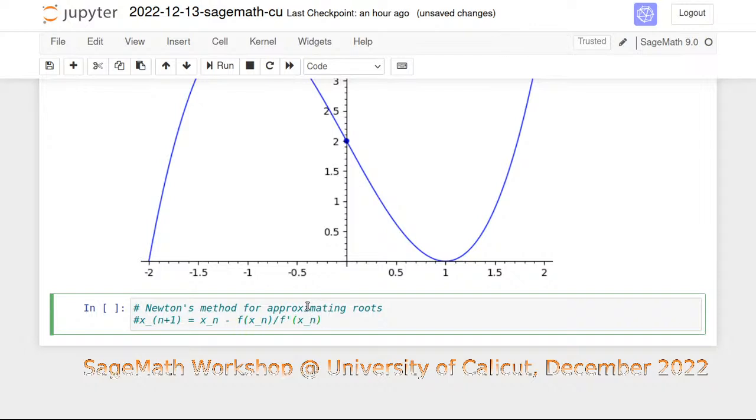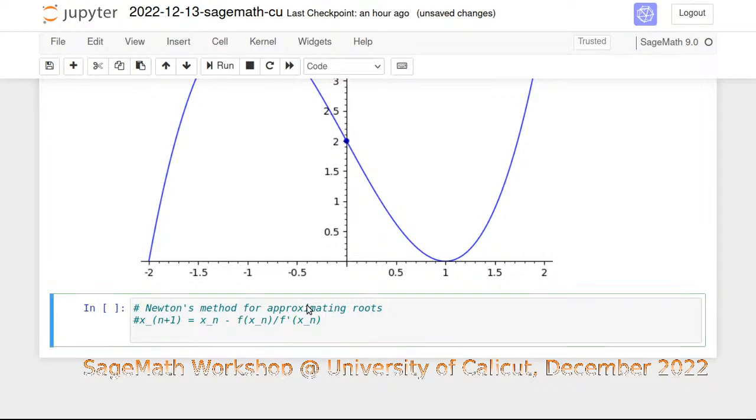This is the method we have, and we'll stop after a few iterations. Either we can stop after a few iterations, or we can determine an error level, so that when f of xn becomes very close to 0, we will stop. Either way we can do.